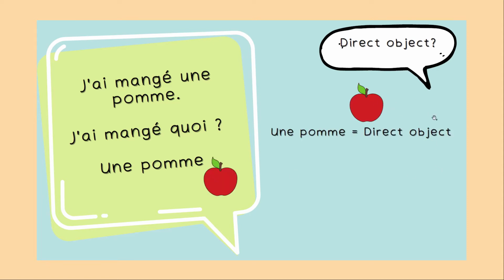Une pomme is the direct object of this sentence, meaning the object is linked to the verb with no preposition or anything else. It's just j'ai mangé quoi? J'ai mangé une pomme. There's nothing between here. We also call direct object in French COD, complément d'objet direct.